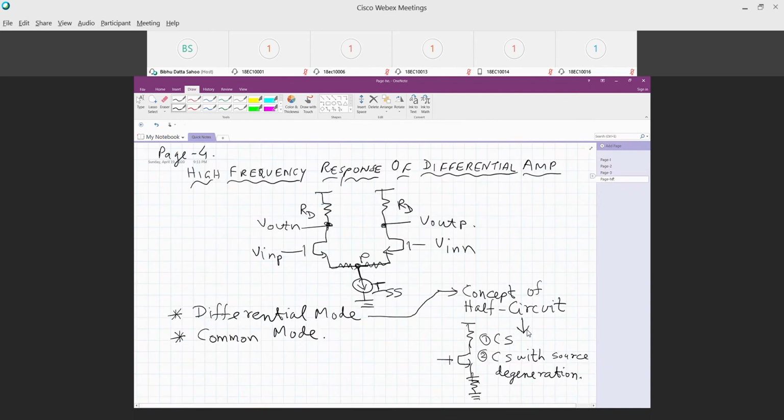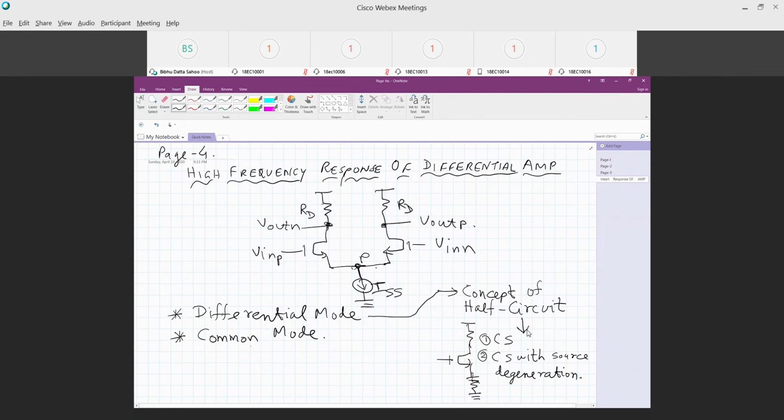So here I'm talking about the high frequency response of differential amplifiers. And the reason I'm not discussing it is because, let's say we take the differential amplifier in case of a MOSFET, you can have the scenario where it is like this. When I'm drawing the high frequency response, I have to get the high frequency response of the differential mode of the circuit, and of the common mode of the circuit.